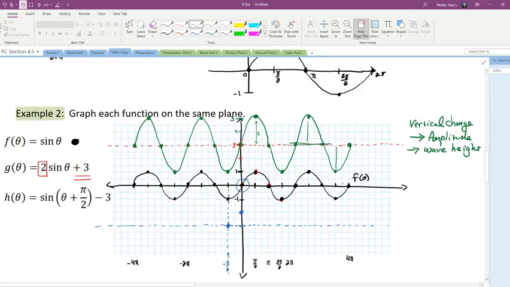I go over pi over 2, and back at the middle, back at the low, middle, high, middle, low, and you get the idea. Let's go this way as well. And now I'll just connect my graph.